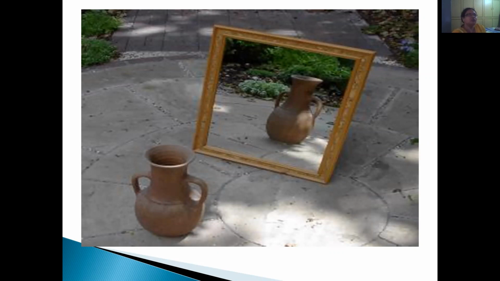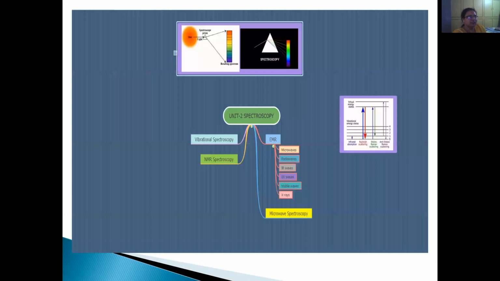Now we'll see unit 2, spectroscopy. In this, you are going to study EMR, that is electromagnetic radiations, then microwave spectroscopy or rotational spectroscopy, vibrational spectroscopy, and NMR spectroscopy, that is nuclear magnetic resonance spectroscopy. We'll deal with all this in detail.